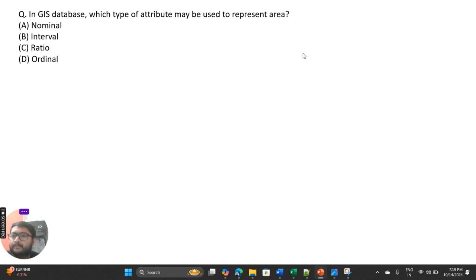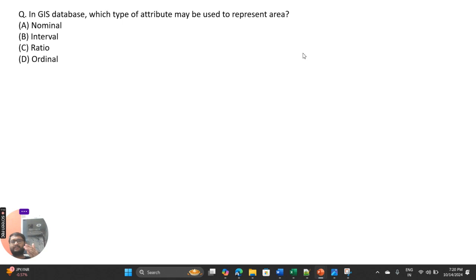So the first question here is, in a GIS database, which type of attributes may be used to represent area? So for attributes, if we are creating a shape file, we can put different attributes. Let's say we can put the length, area, name of the lake, or the change in the water area of that lake, or the temperature of that lake, or how many people are coming to visit that lake.